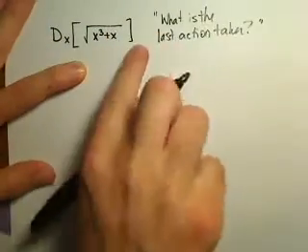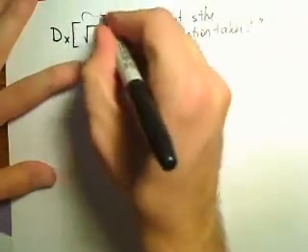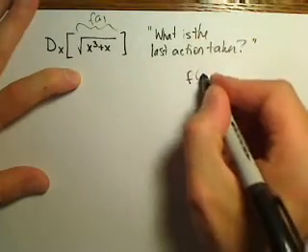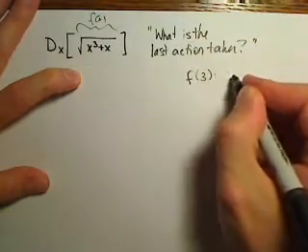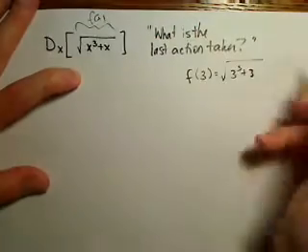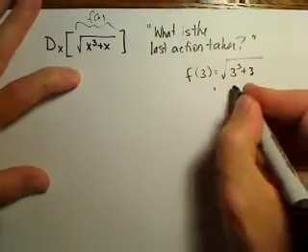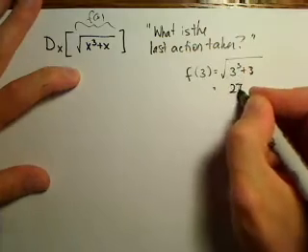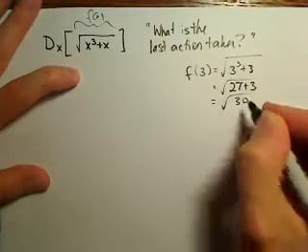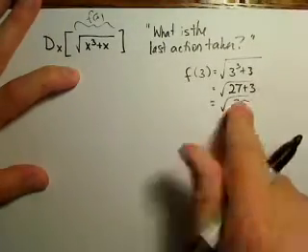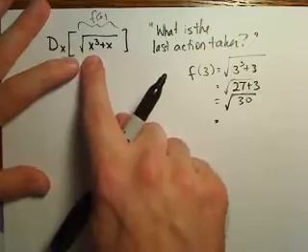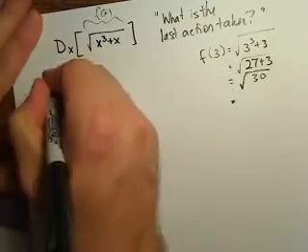If that's our f of x, f of 3 would be the square root of 3 cubed plus 3. You would cube that, add 3 to it, add those up, and then the last thing you would do is take the square root. That's what we want to identify here.